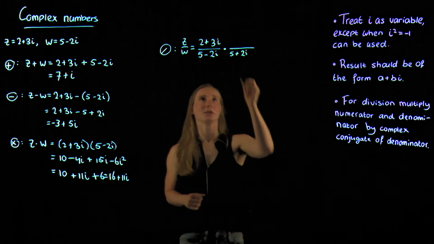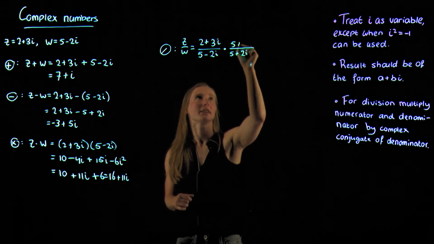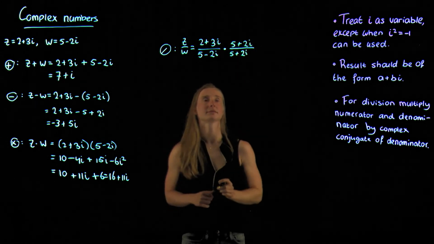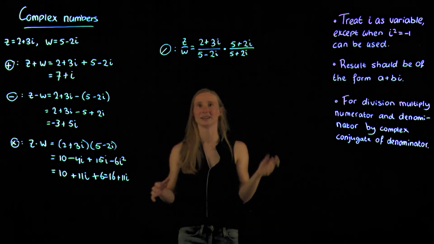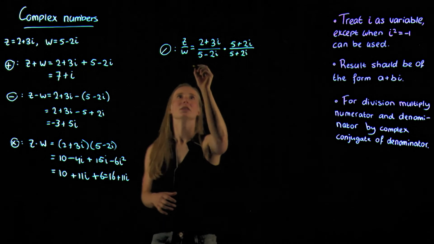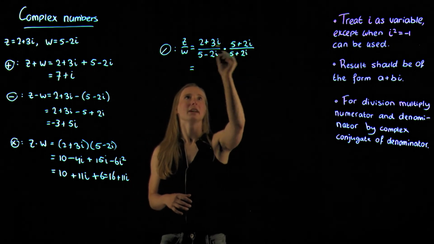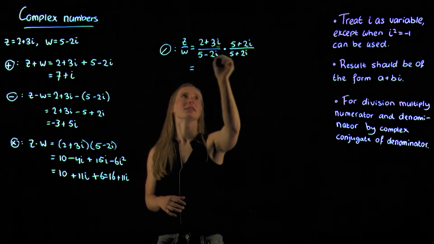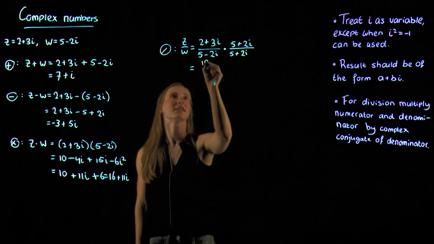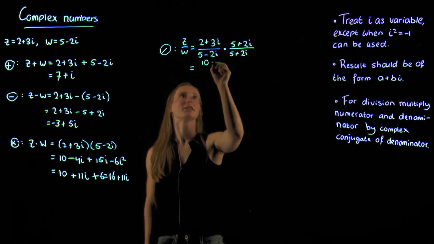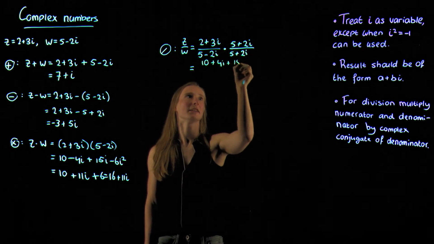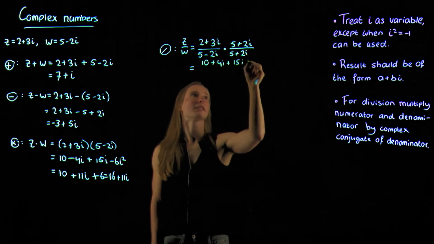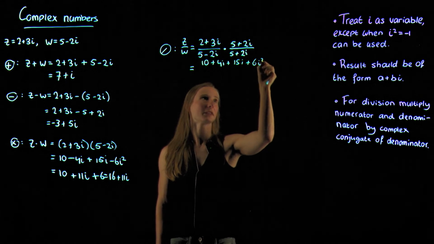And to get 1, we should also do this at the top. So let's try to work this out and then see why it works in general. So at the top here, we get 2 times 5 is 10, plus 4i, plus 15i, plus 6i squared.